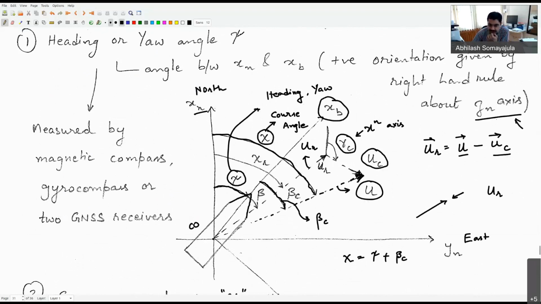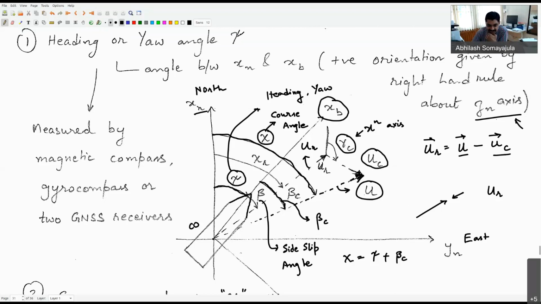Notice that here there are two other angles which we have not talked about. One angle is called beta, or the side slip angle. It is defined as the angle between the x-axis of the craft and the relative velocity vector, where the orientation is about the positive ZB direction.